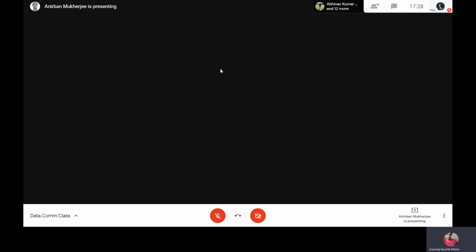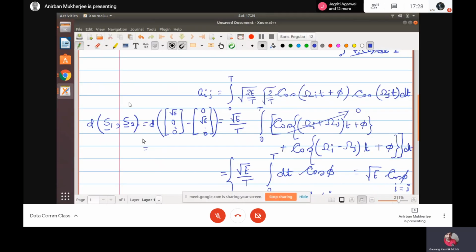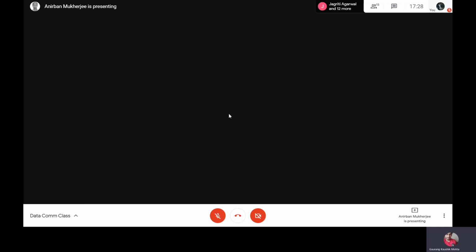You can calculate the distance: this is root t, this is root t, and the distance is the square root of e plus e, for i not equal to 0.